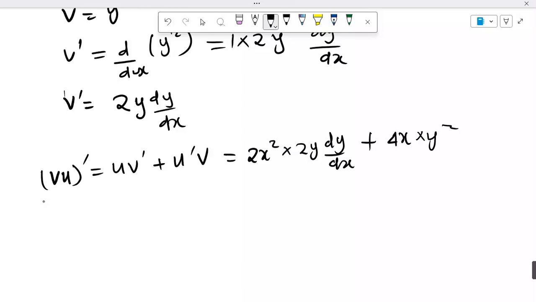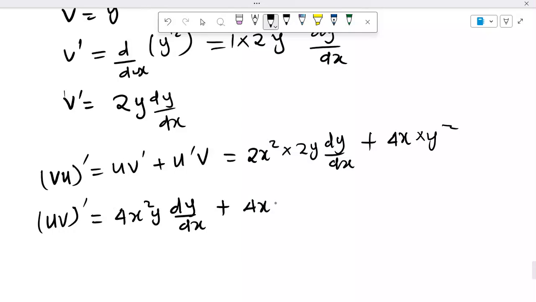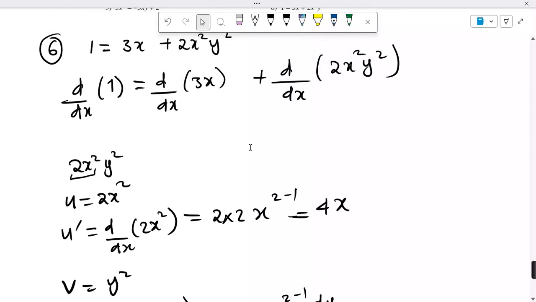So u v prime simplifies to 4x squared y dy/dx plus 4x y squared. Now we know the differential here.